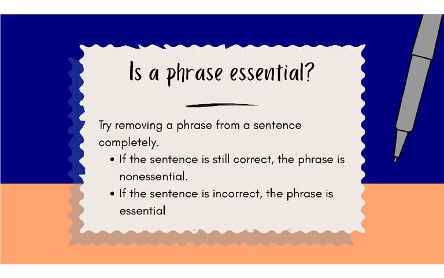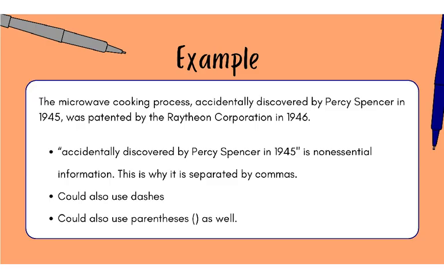Let's look at an example and this will make a little more sense. I'm going to show you the example first and then we'll go back. The example here: the microwave cooking process, accidentally discovered by Percy Spencer in 1945, was patented by the Raytheon Corporation in 1946. We've got two commas here.